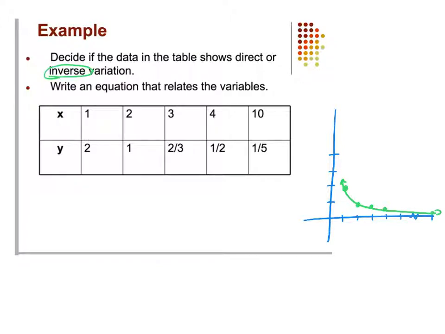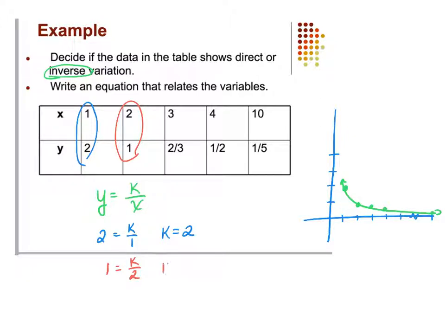Now to find the equation, pick any of the points and put them into this equation. If you pick the point (1, 2), 2 equals k over 1. That would signify that k would equal 2. Let's try the next one. 1 equals k divided by 2. Well, k would still equal 2.